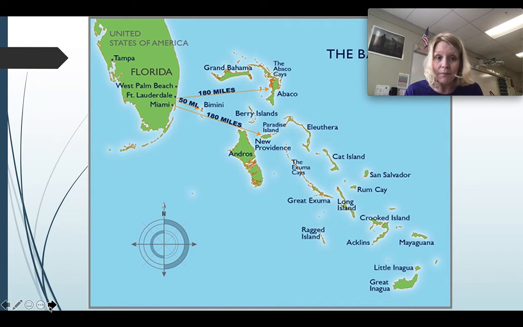Bimini is only 50 miles off the coast of Fort Lauderdale. Fort Lauderdale is closer to the Bahamas than it is to, say, Tampa. So very, very close. You can see from Miami to Paradise Island. So these are just some of the islands that make up the Bahamas.